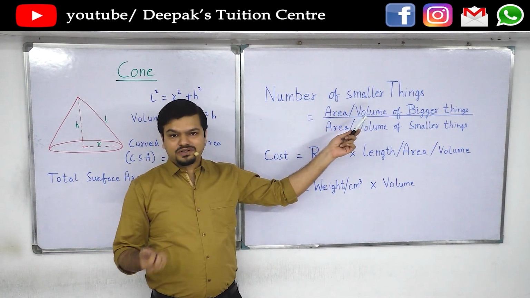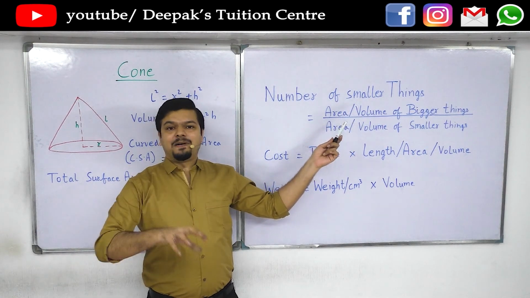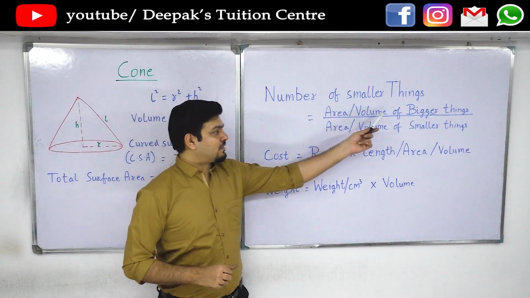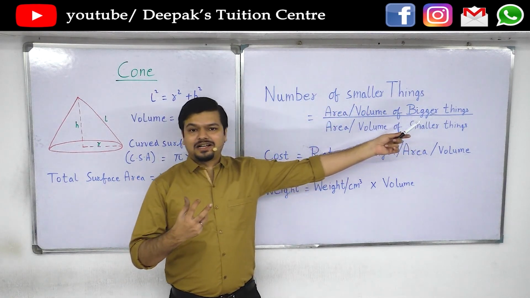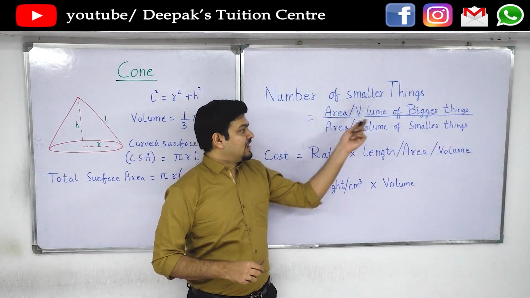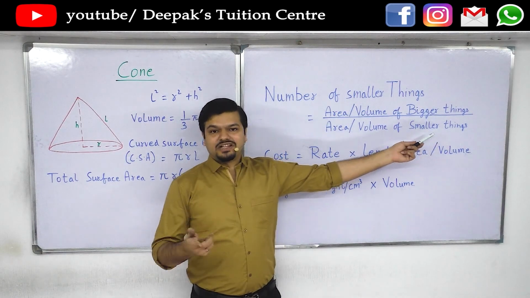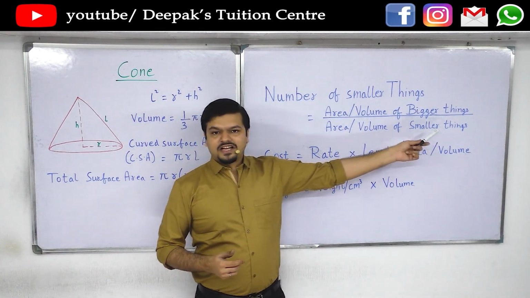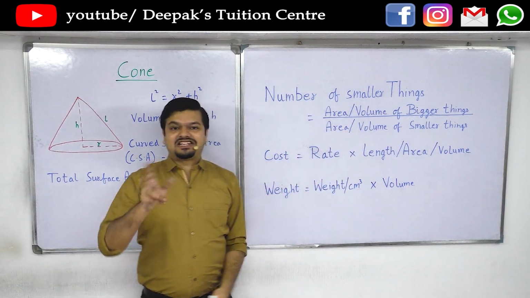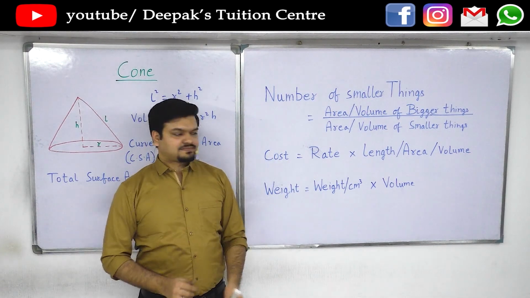In this case, we'll use volume, but in a different case you might also use area depending on the question. I replace the words bigger things with cylinder because the question says cylinder, so it becomes volume of cylinder divided by volume of cone. Therefore, the formula is adjustable. You can use your own words so that it fits the question.